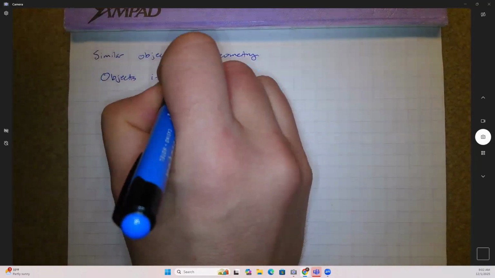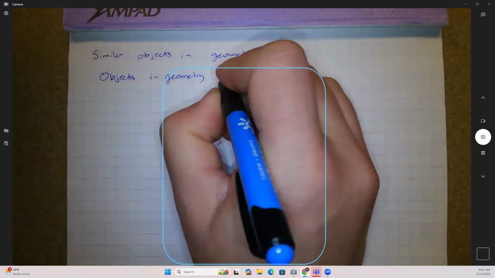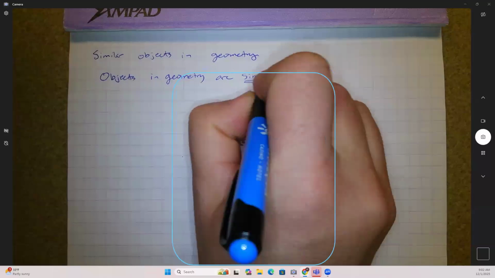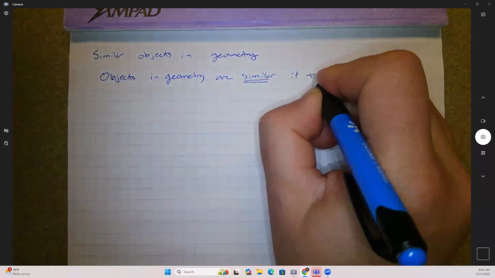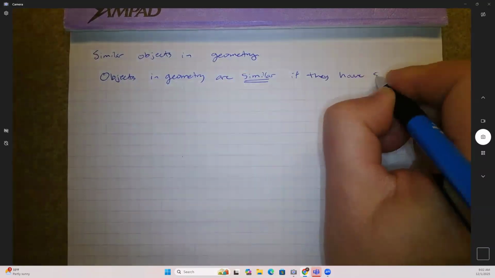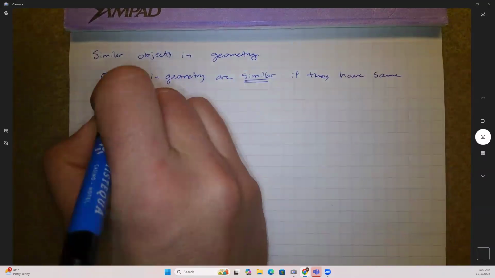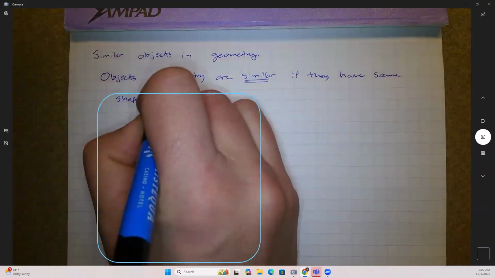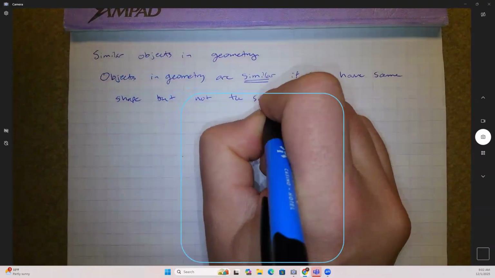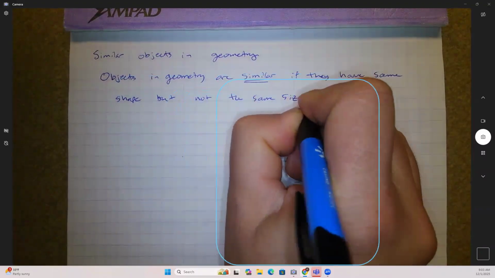Objects in geometry are similar if they have the same shape but not the same size.